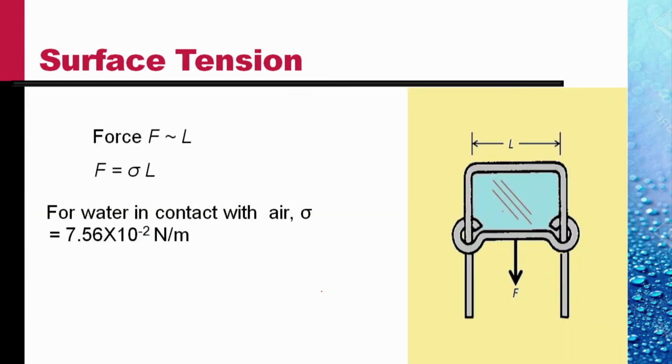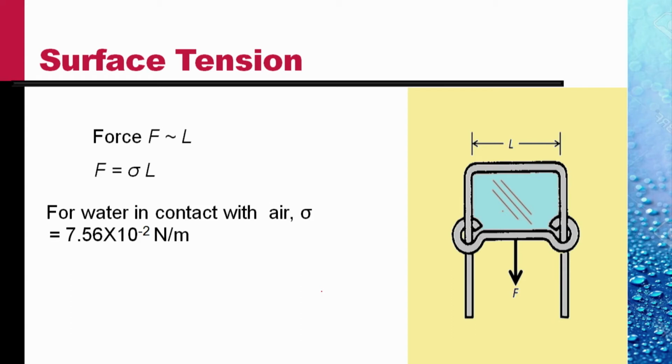The surface tension in a liquid can be measured by a small setup. We have a U-shaped frame on which we have a slider. If we create a film of liquid on this, that film of liquid can support a small force F. This small force F depends upon the length L of the film in the horizontal direction as shown.